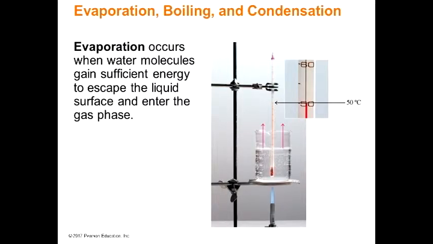Evaporation. Let's talk about one of the things, a very important principle that happens to liquids. Okay? Liquids can evaporate. And evaporation occurs when water molecules gain sufficient energy to escape the liquid phase and enter the gas phase. So what happens with water? You have it sitting around, right? And it's sitting there and the temperature increases and it evaporates.